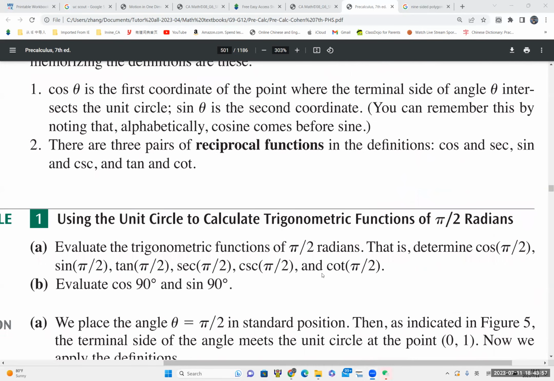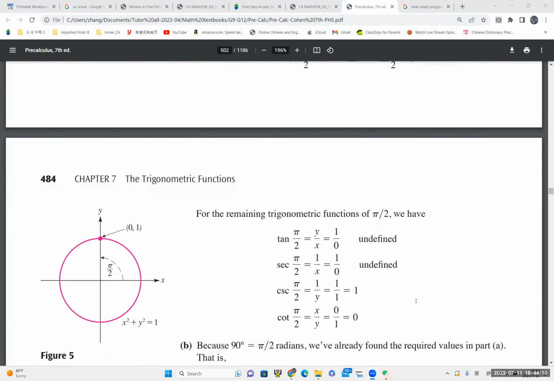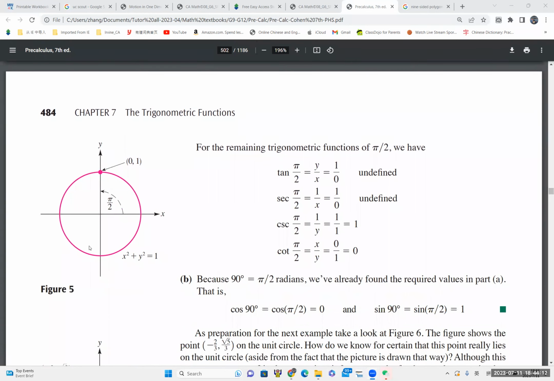Okay, so don't worry. When you do this kind of problem, if you feel confusion, you'd better draw the unit circle to help you.